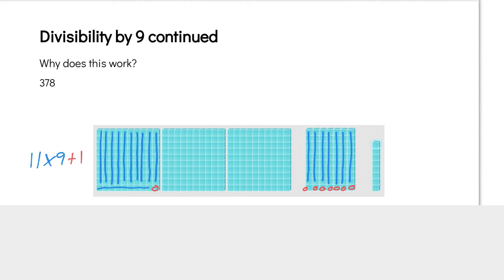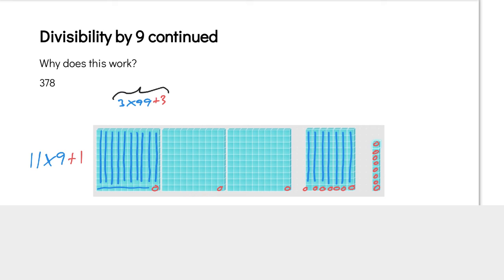Okay, so let's have a look. Oh, and also we've got these leftover bits here in the ones spot. So what have we got? We've got 3 groups of 99 that are already in groups of 9, plus we've got these 3 leftovers.